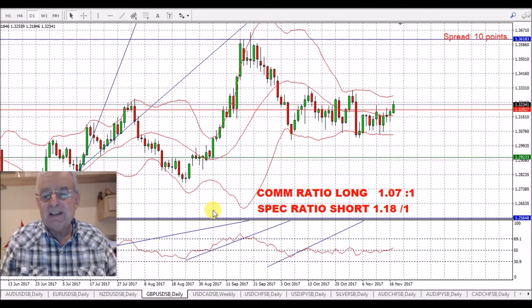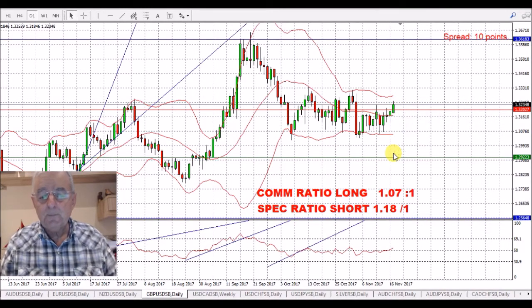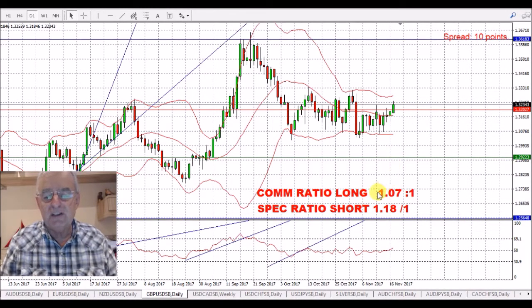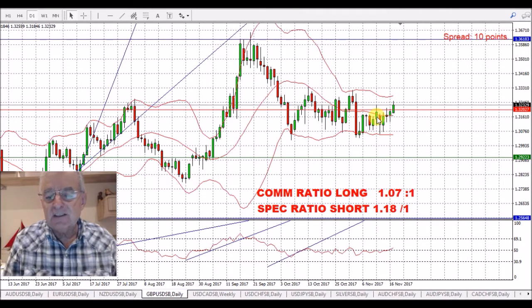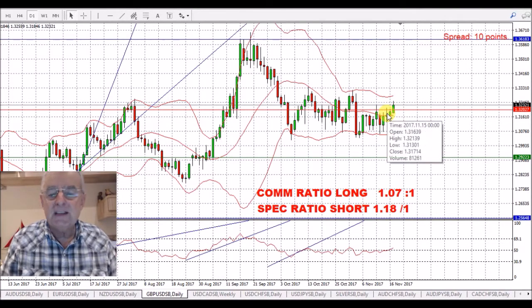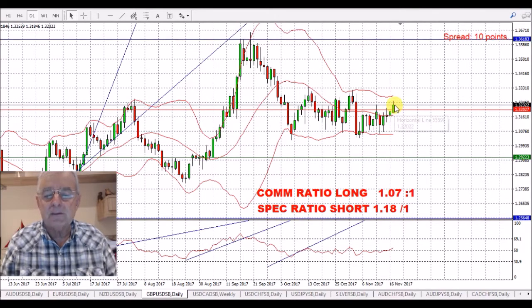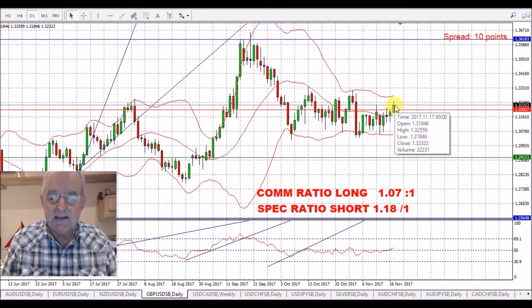The pound USD, the pound has had a little bit of a rally on the USD. We've got a commercials long ratio of 1.07, but I am expecting to see, as I said yesterday, a high percentage change short on the pound, because it has been long for such a long time.